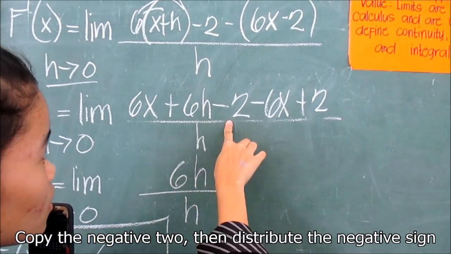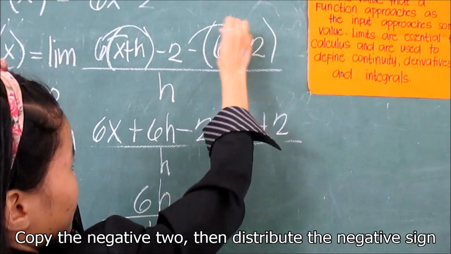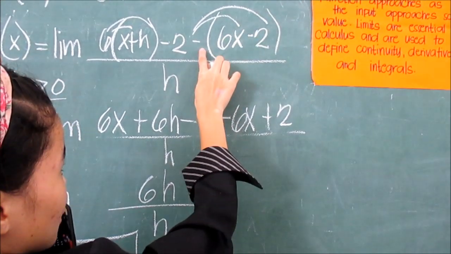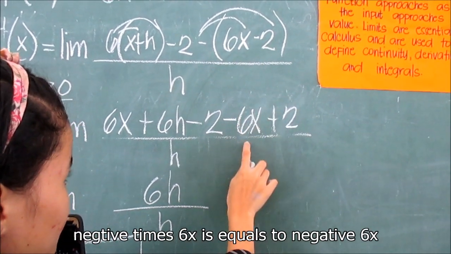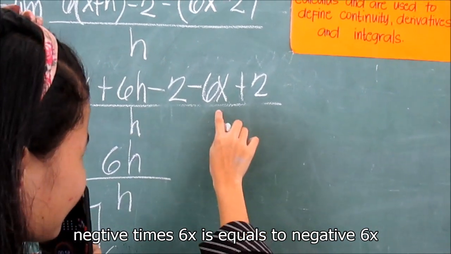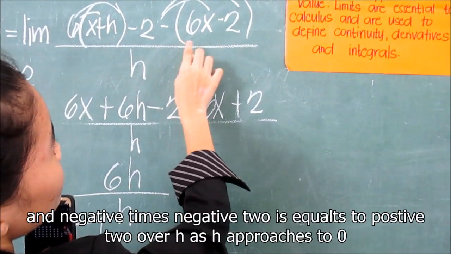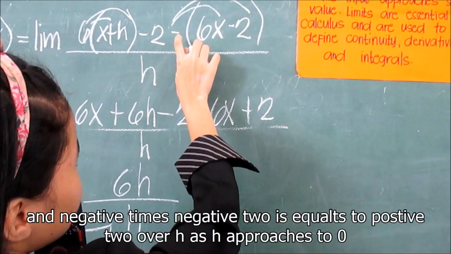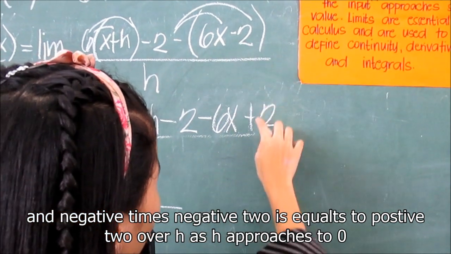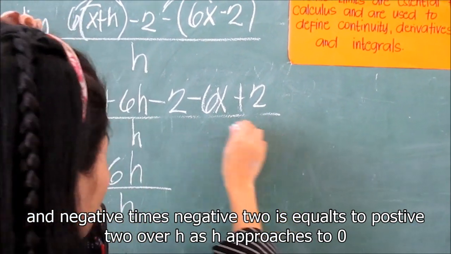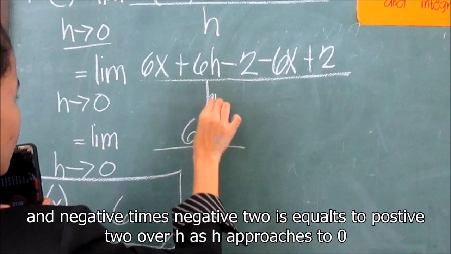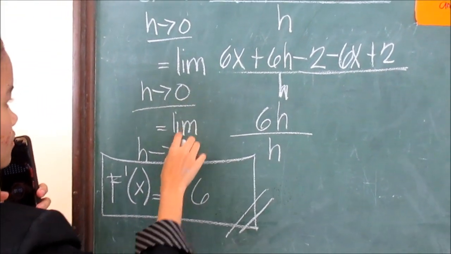Copy the negative 2, then distribute the negative sign, which is negative times 6x equals negative 6x, and negative times negative 2 is equal to positive 2 over h as h approaches 0.